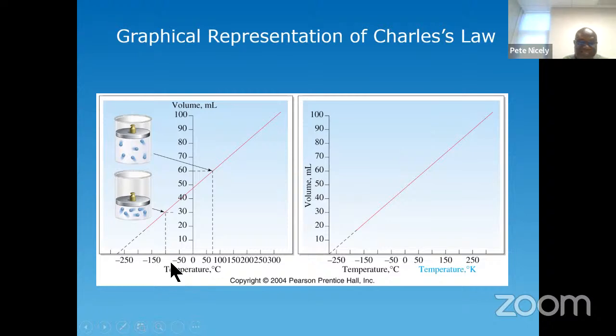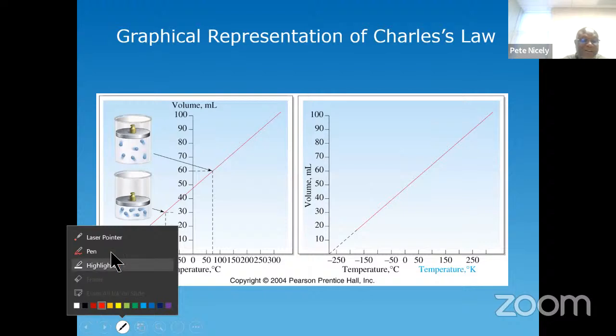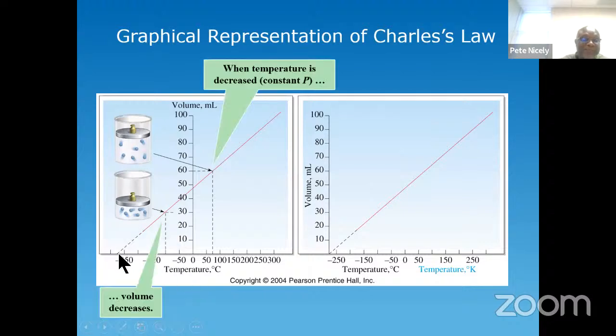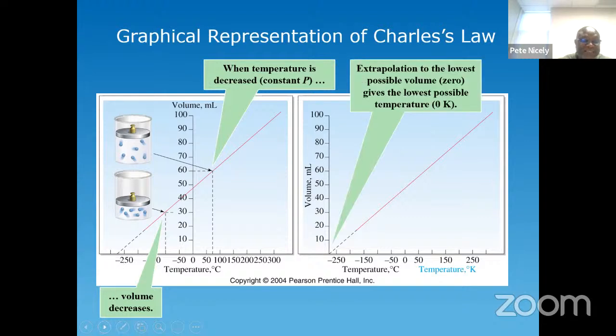Basically, what was decided by the powers that be is that where the line cuts the x-axis, that is defined as absolute zero. So let me indicate that here. So this here is defined as absolute zero, right? Expressed in Kelvin, all right? Which is basically shown right here, all right?